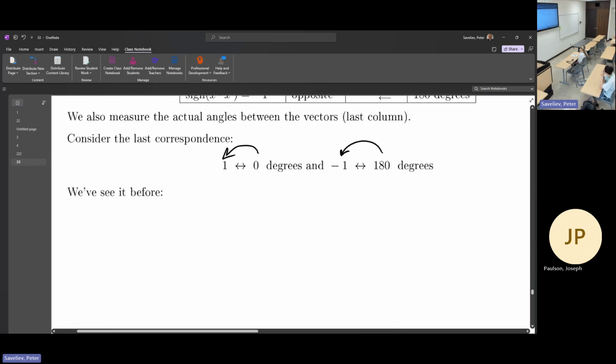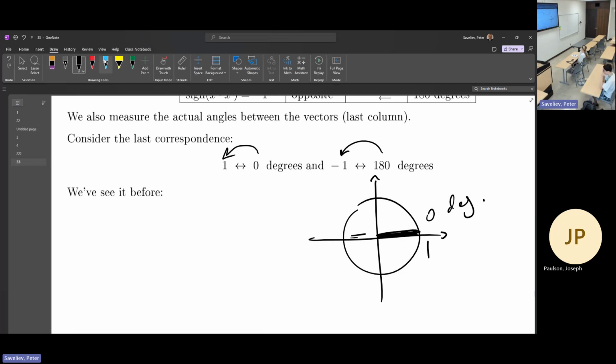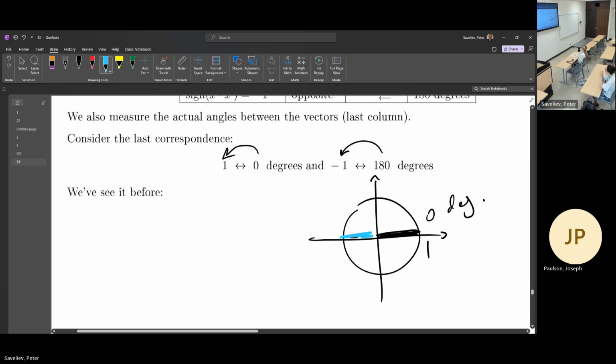It is cosine. So if we go this way, this is 0 degrees, and it is 1 over here on the x coordinate. And if you go in the opposite direction, right here, this is 180 degrees, and it produces negative 1 on the x coordinate. So that's cosine.